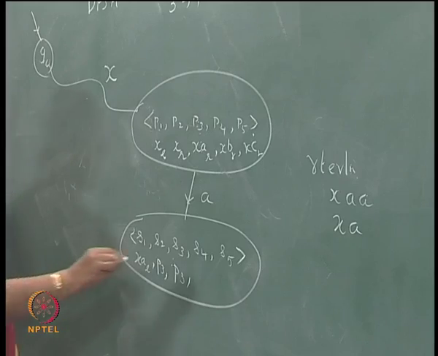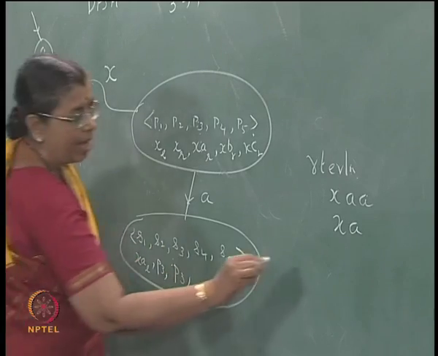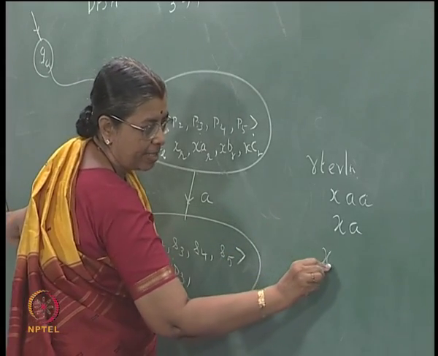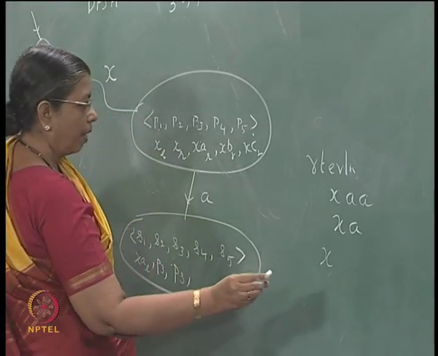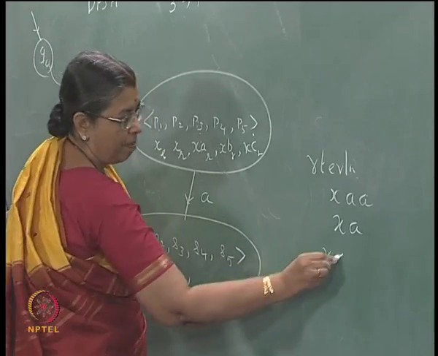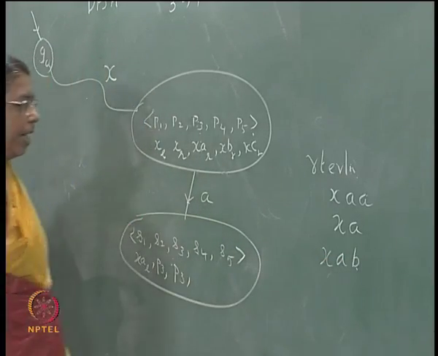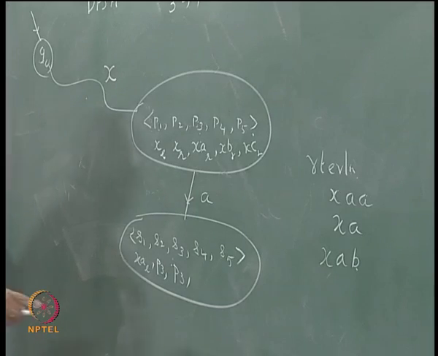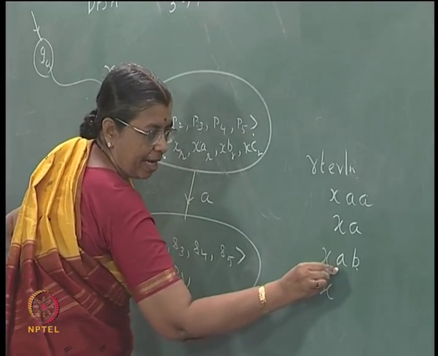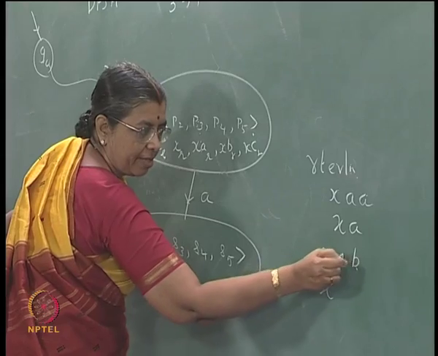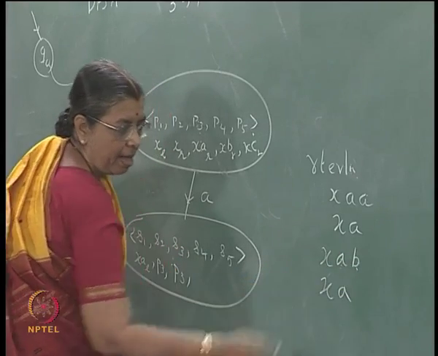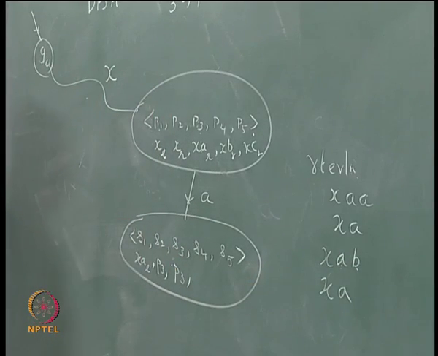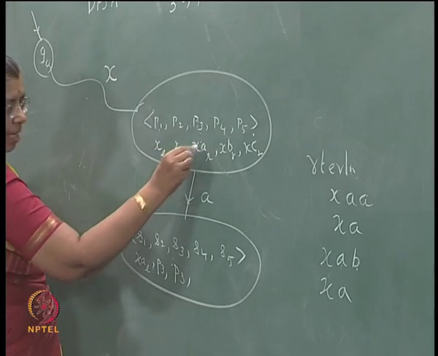Now, what is S4? It is the right evaluation of XAB. What is AB from the table? A. Right evaluation means first you have to evaluate this. You know AB is A, so it is the right evaluation of XA, which is again P3.